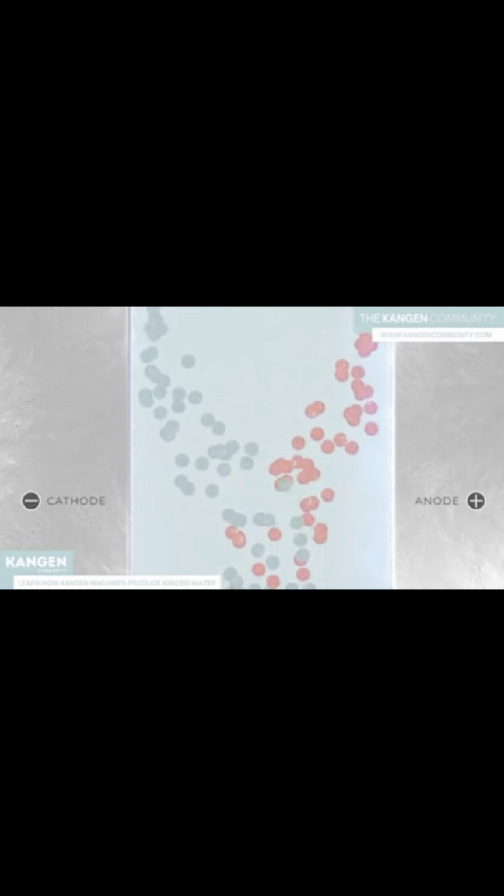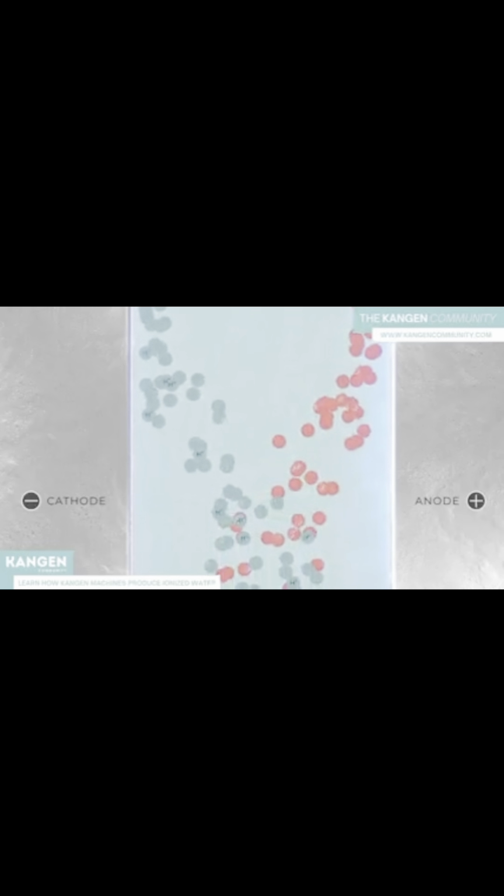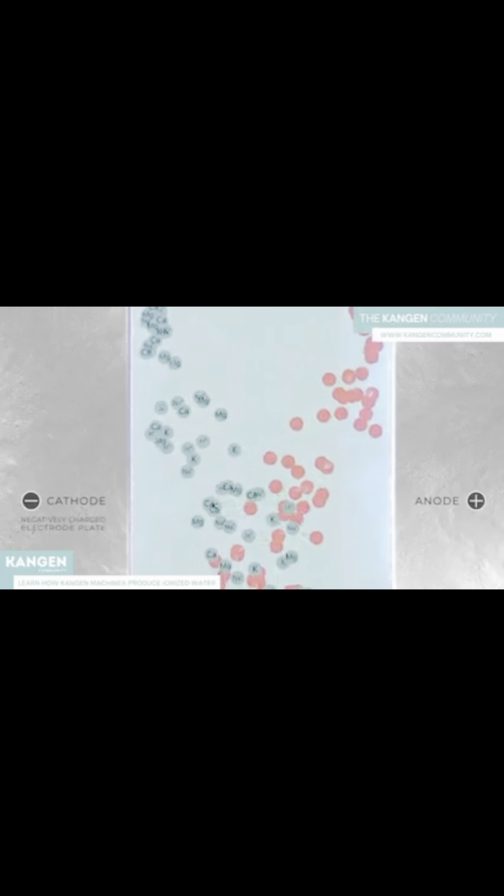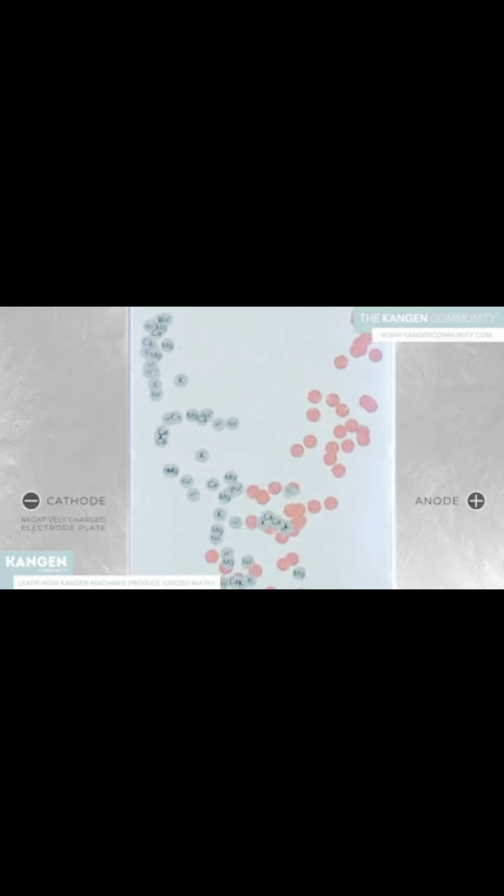Positively charged hydrogen ions and positively charged minerals such as sodium, calcium, magnesium, and potassium are drawn toward the cathode, the negatively charged electrode plates.